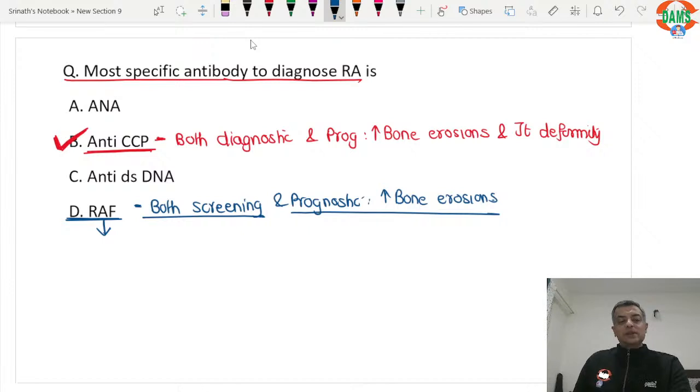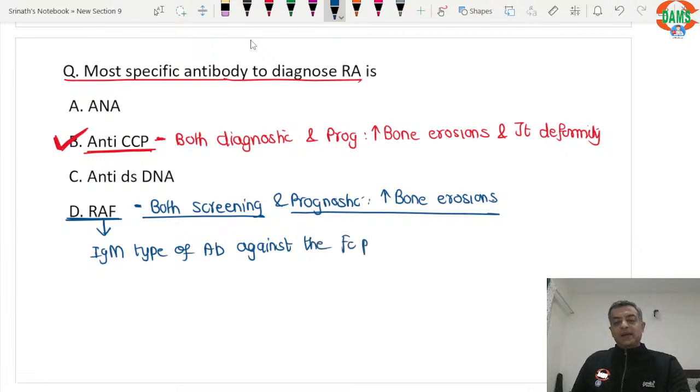But again the question, what is RA factor? It is an IgM type of antibody directed against the Fc portion of IgG.